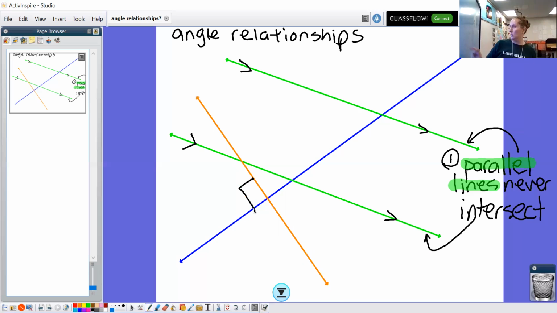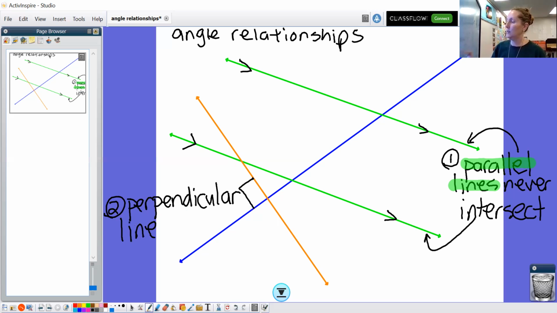These two lines, our orange line and our blue line, are called perpendicular lines. Perpendicular, and I will help you spell it. Perpendicular lines, and they intersect at a 90-degree or a right angle.